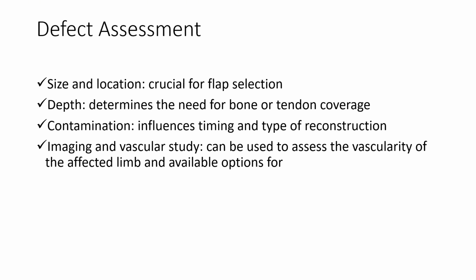The overall vascularity of the affected limb should be assessed by using imaging like ultrasound, Doppler ultrasound, or angiography in the form of CT angiography. Other vascular studies will help us to assess the overall vascularity of the affected limb, the presence of significant vascular injury, and the presence or availability of recipient vessels.